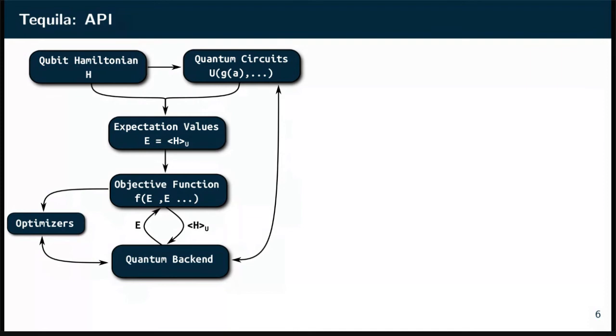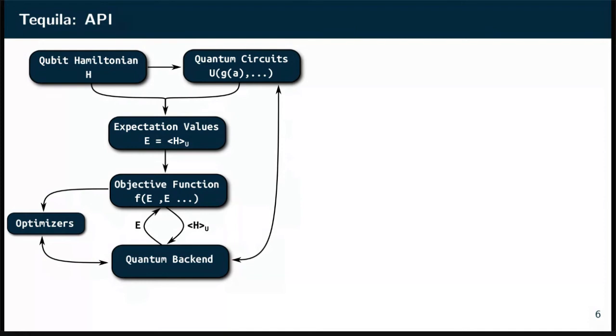Those two abstract data structures you can combine into expectation values, which can then be translated to those backends by Tequila, giving you back the samples. And those expectation values themselves can be combined into objectives, which means you can add them together, square them, or transform them in any way you want. Everything is an objective in Tequila. The expectation values are also objectives, it's the same data structure, it just has no transformation.